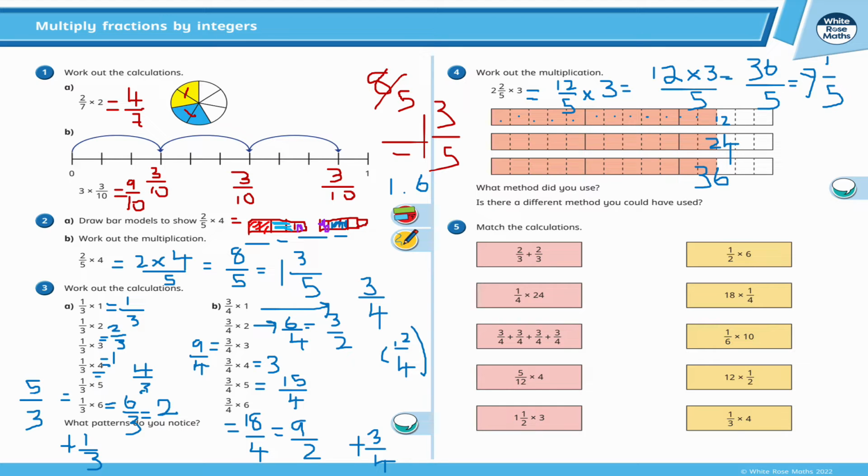What method do you use? I would go for this top method, so I'd work it out the bog standard way. I don't mind pictograms and pictures, but I think at this stage it's about understanding a technique and then being able to implement it. I prefer to use our rules of multiplication of fractions, because in the exam you may not have time to draw a picture to represent your sum.